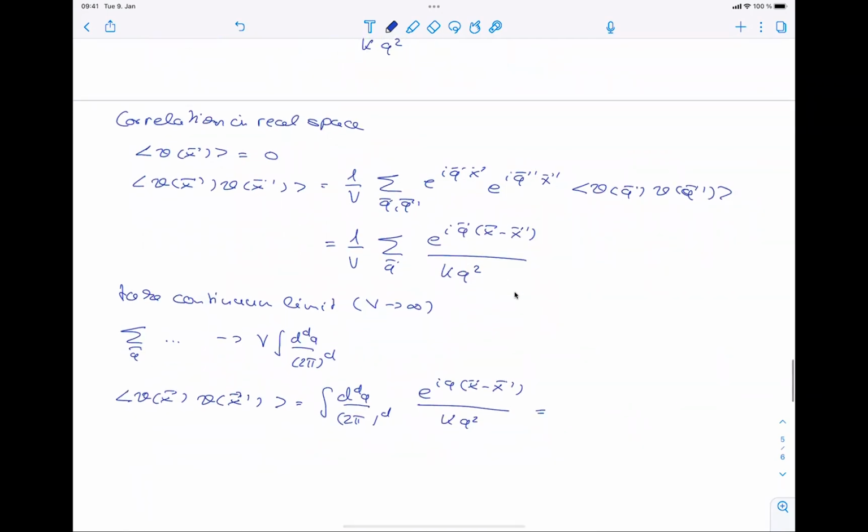And so this integral I'm going to define again as a function C_d.